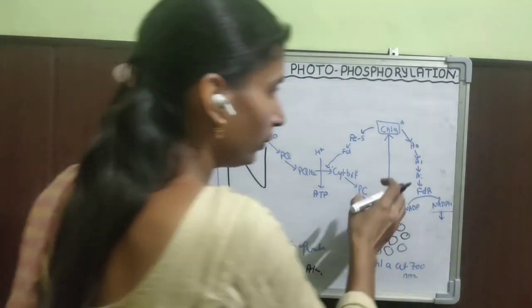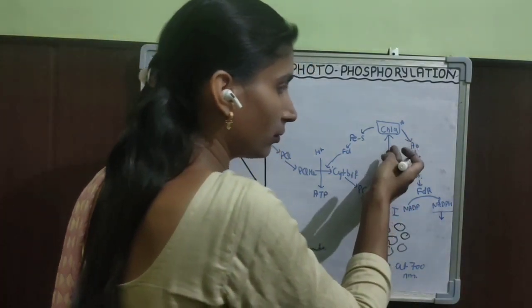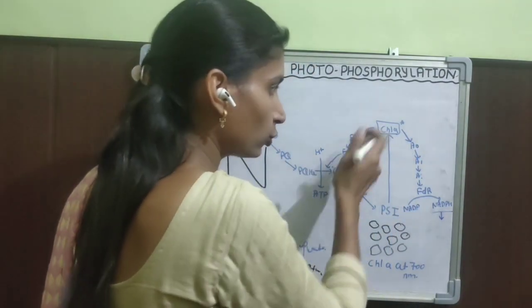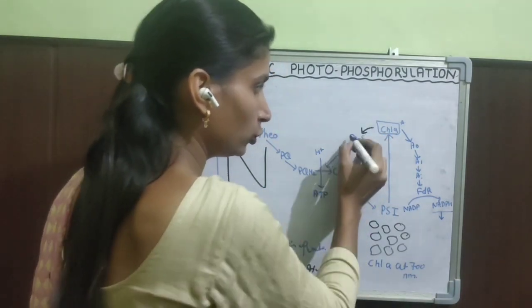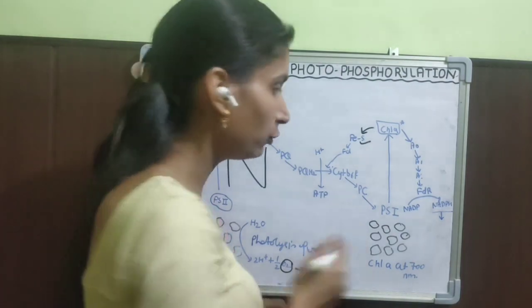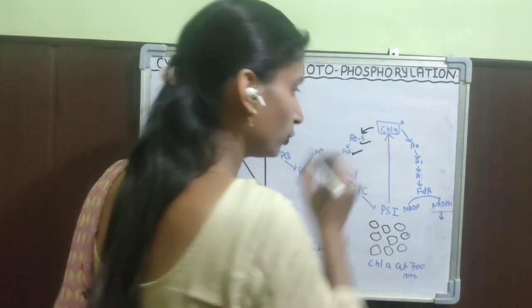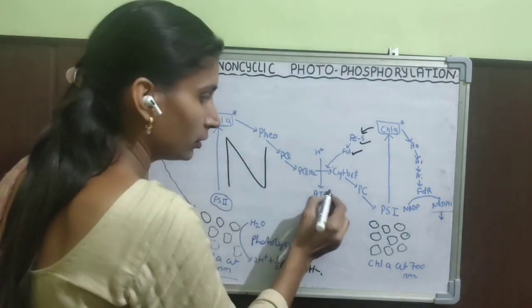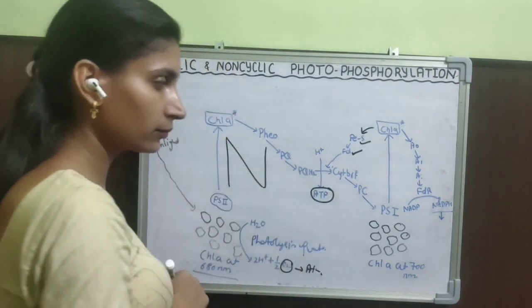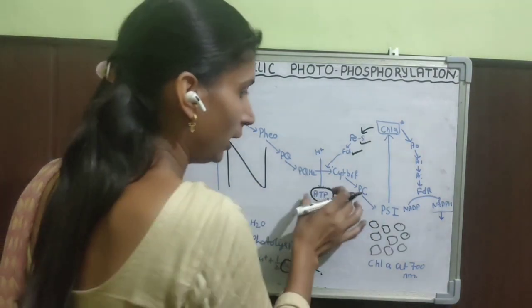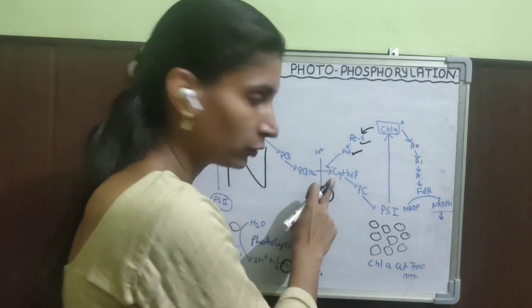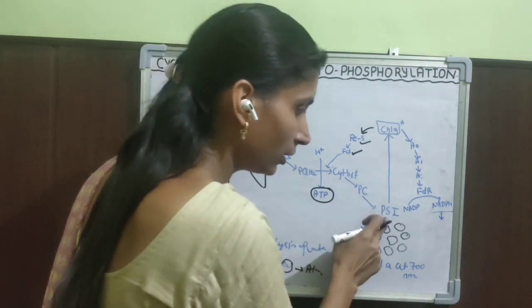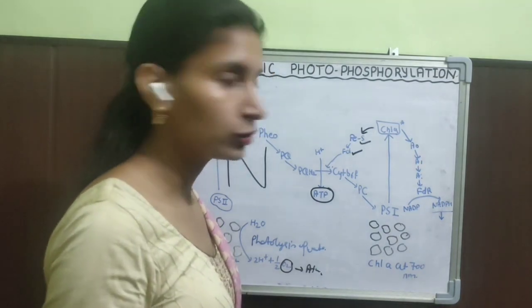If it takes a backward step, it transfers its electron to the iron-sulfur containing compound, then to ferredoxin, where ATP is produced. And then it further transfers its electron to cytochrome b6f and plastocyanin, and back to photosystem 1.